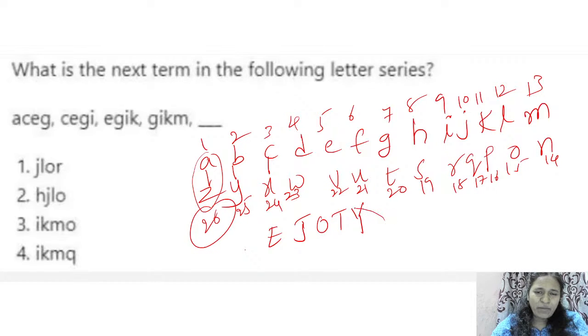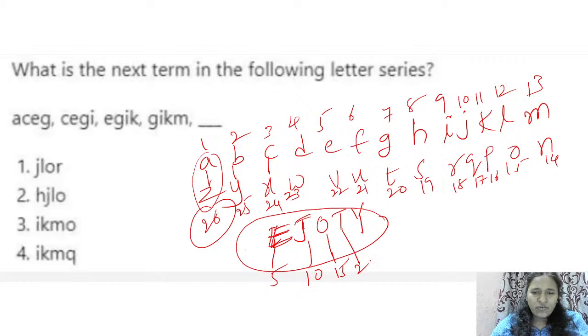But we will just remember these: E, J, O, T, Y. E, Jyoti. E is 5, J is 10, O is 15, T is 20, Y is 25.